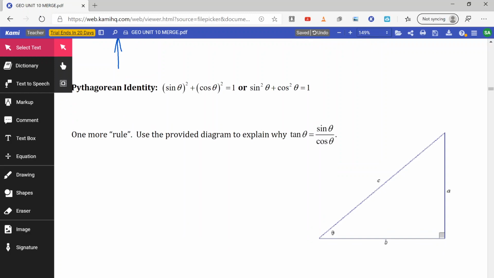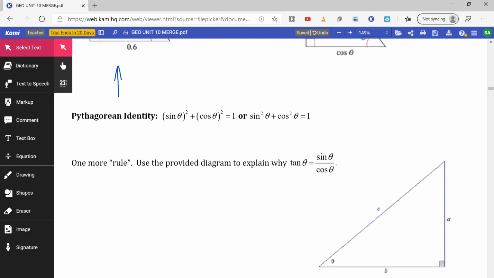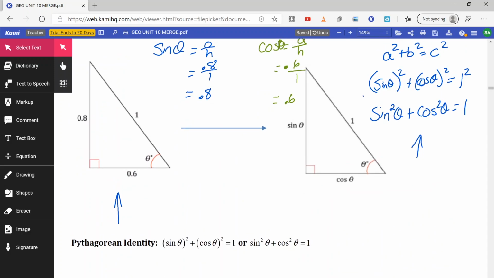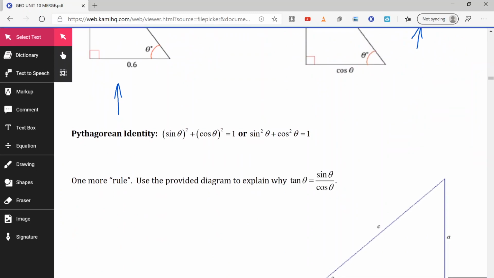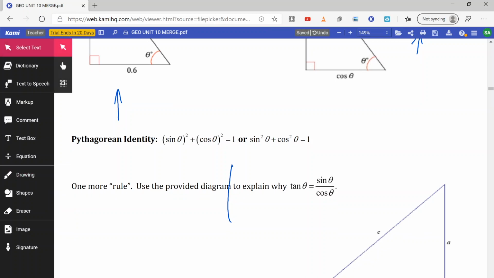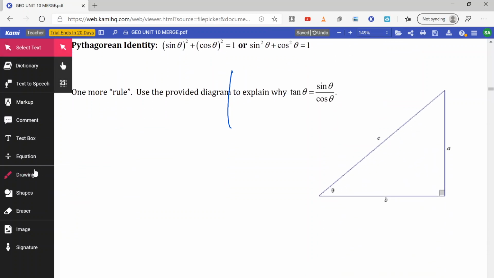And last but not least, we can also say tangent is equal to sine over cosine. So here's our angle theta, and here are two short sides.